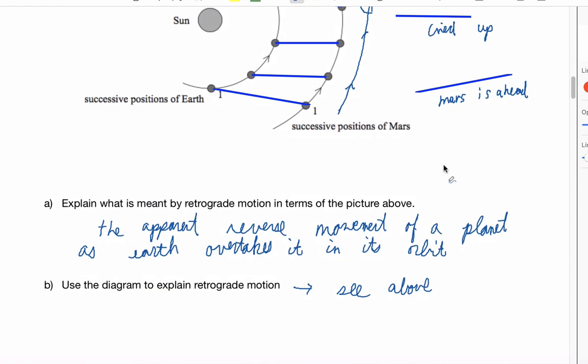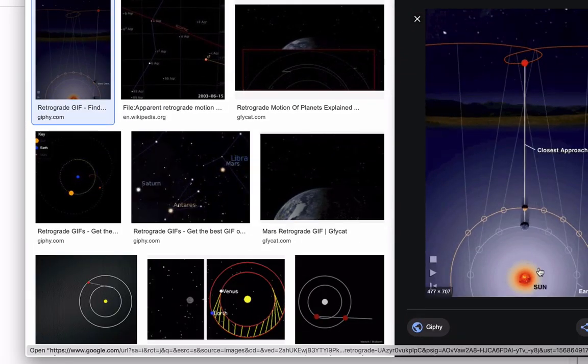And I actually had a little GIF that illustrated this really well that looks something like this. And what we see is Earth overtakes Mars. Like we see Earth in the bottom, and we can see Earth kind of passes Mars, and then Mars continues. Basically, here's what we see with Earth going around the sun and Mars going around the sun at the bottom here.